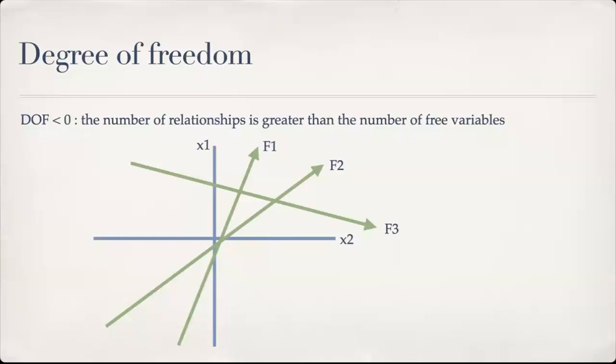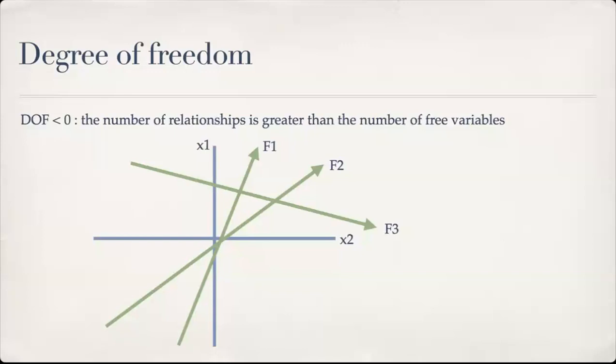But once I tell you that x1, x2 must satisfy f1, you have only 1 degree of freedom. You can choose x2, but x1 is defined by f1 already. Or you can choose x1 and x2 is defined by f1. So you are free to choose only 1 variable at a time. That is the concept of degree of freedom.